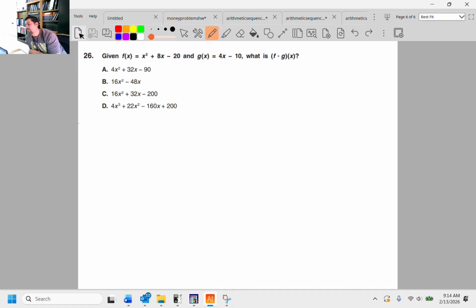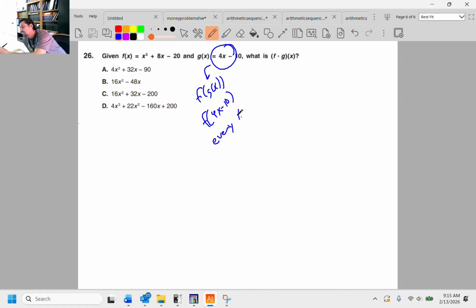It's not hard. F of g of x. Okay, so this is actually f of 4x minus 10, which means that every x in f becomes 4x minus 10. That's what it means.